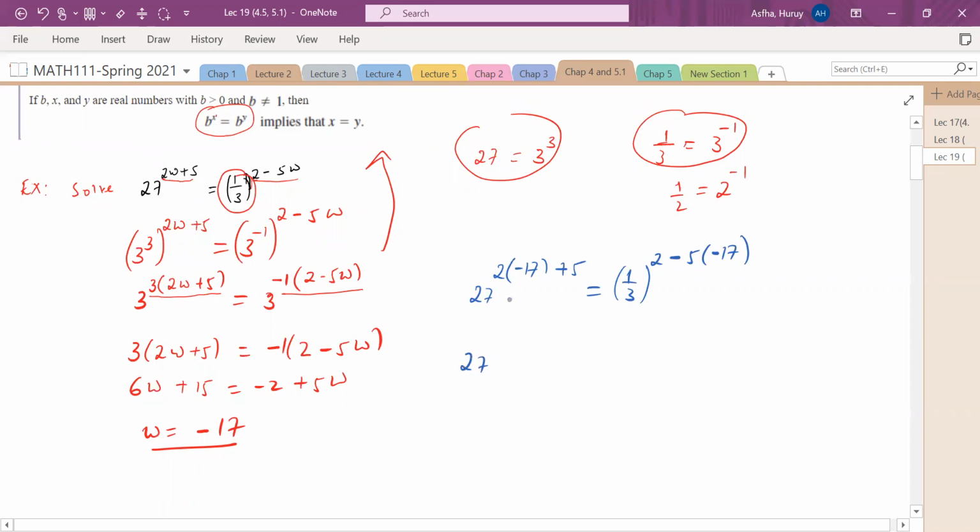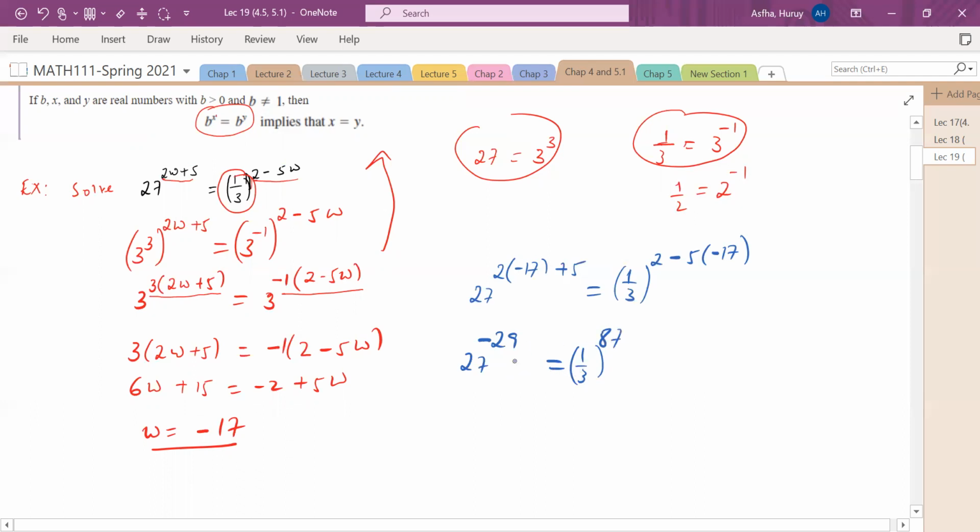So this is 27 to the power of 2 times negative 17, which is negative 34, plus 5, which is negative 29. And this is 1/3 to the power of 2 minus 5 times negative 17. Negative times negative is positive, so 85, and 2 plus 85 will be 87.